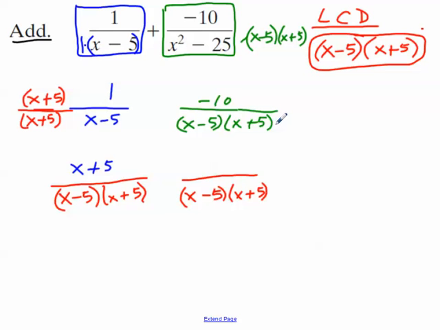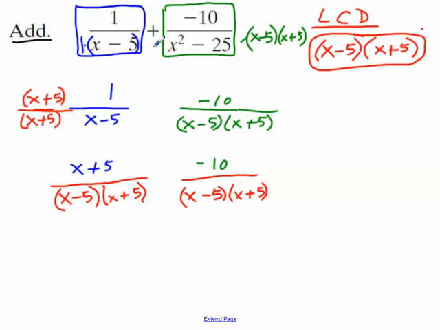Well, my green denominator is the same as my red target denominator, so we don't have to really change anything. So we leave the fraction as it is, negative 10 over x minus 5, x plus 5, because the original fraction had everything in the lowest common denominator, so we don't have to modify it. We just leave it the same.